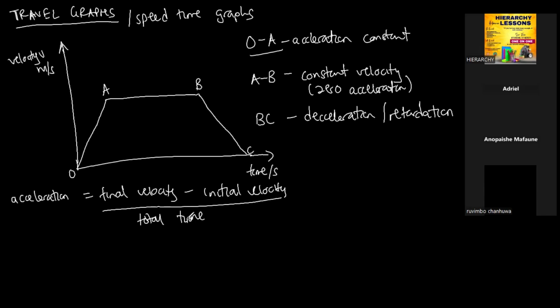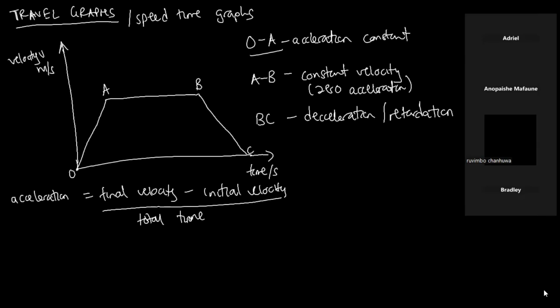For this particular example, the initial velocity started at 0 here, at O, and the final velocity was at A. So it's final velocity minus initial velocity divided by total time taken.